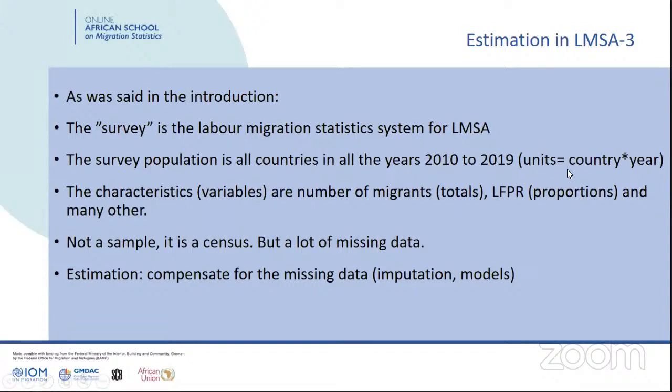So our units are country by year. Actually 54 or 55 countries by 10 years. And a lot of data on migrants and labor. Not a sample, it's a census with a lot of missing data.